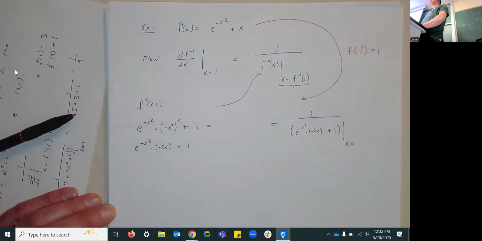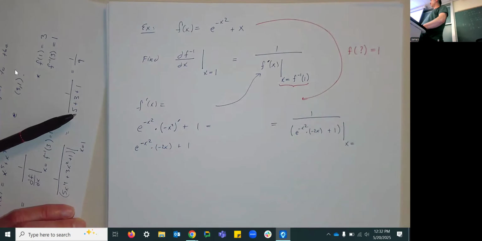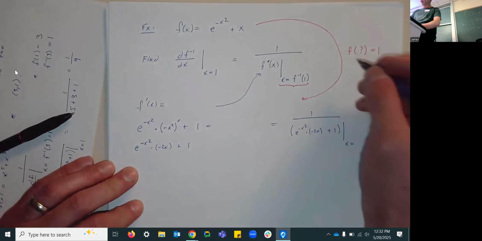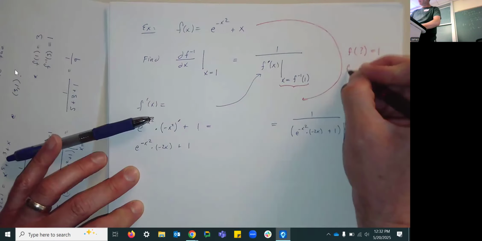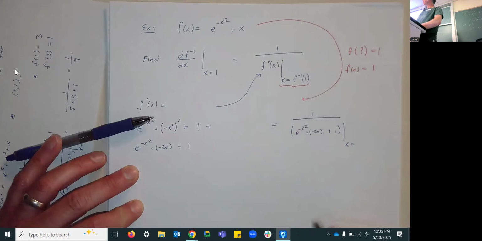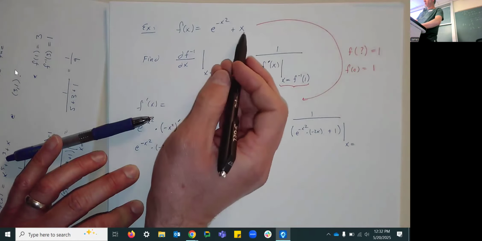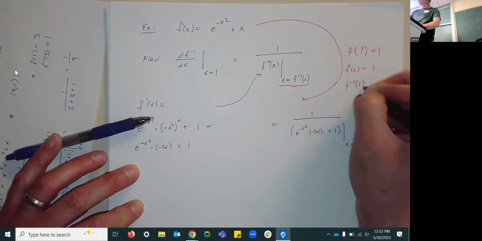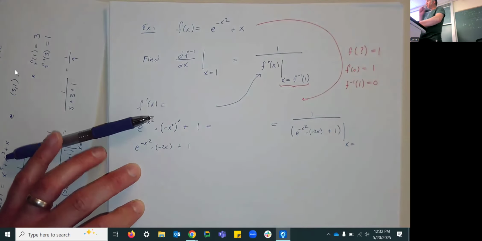And if you see e to the something, you usually want to end up having e to the 0. So the e to the 0 ends up equaling 1. This is the only nice value you're ever going to get out, really. So here, you can see that f of 0 is equal to 1 because it's e to the 0 plus 0. That means f inverse of 1 is equal to 0.